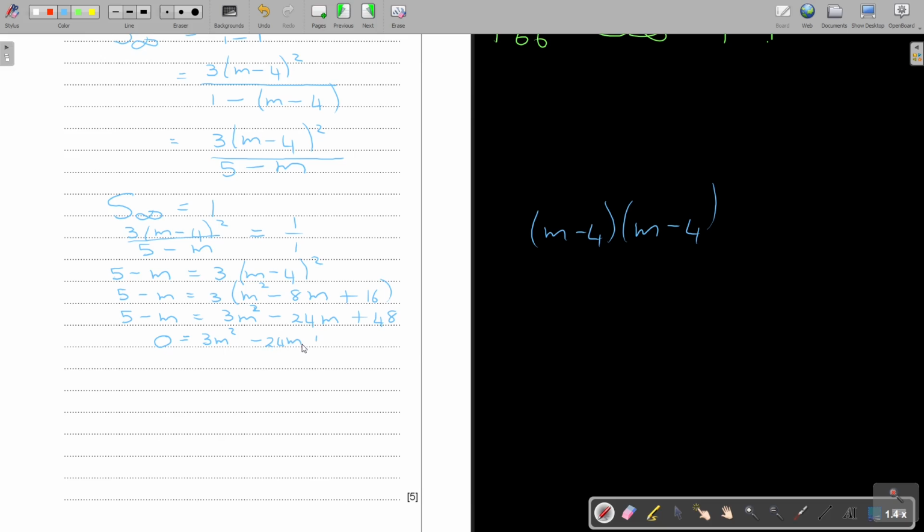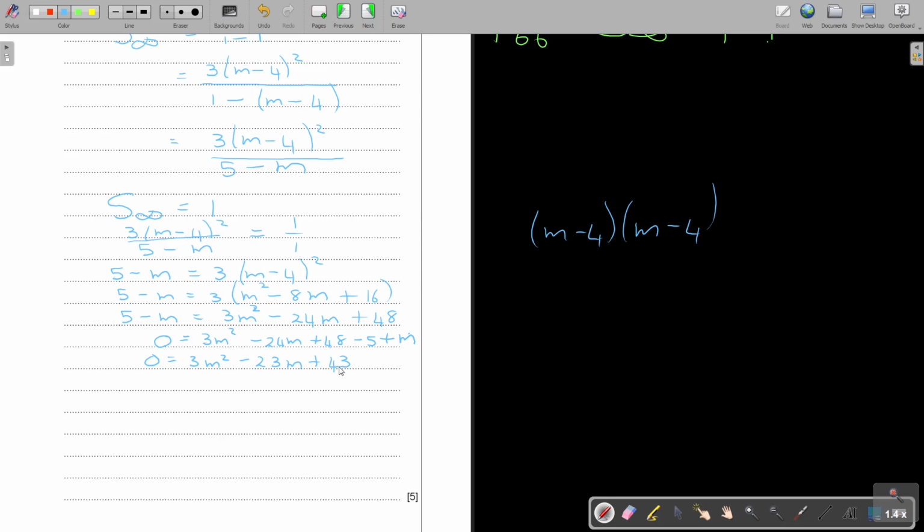I'm doing the long way, you can do it shorter. So minus 5 plus m. I'm taking everything to one side. So it's 3m squared, negative 24 plus m is negative 23m, and 48 minus 5 is 43.